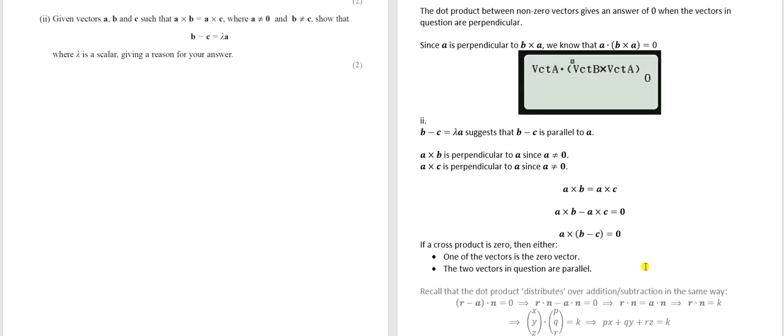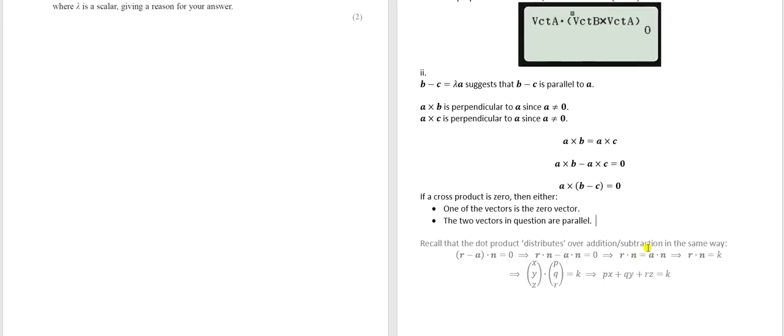The only way that can happen is either if one of those two vectors is 0, so one of the lengths of the parallelogram is 0, or if they're not 0, they must be parallel so that the two sides that are emanating from one corner of the parallelogram are actually going in the same direction. You've got the equivalent of a parallelogram that's been squashed down to 0 thickness.